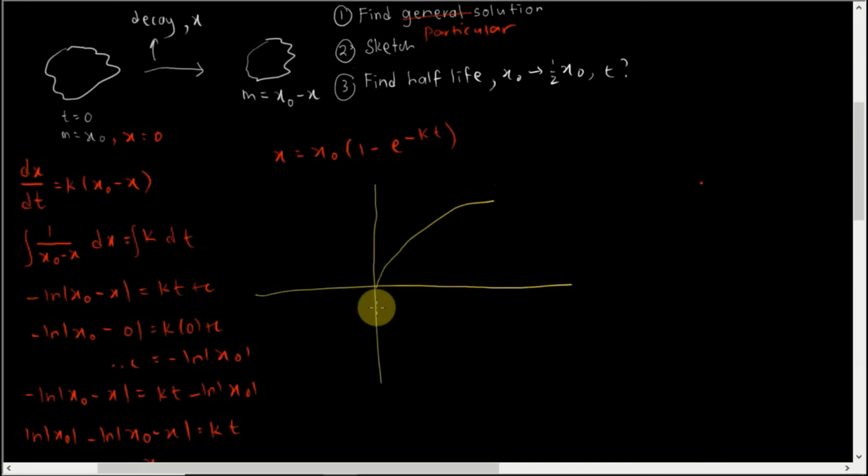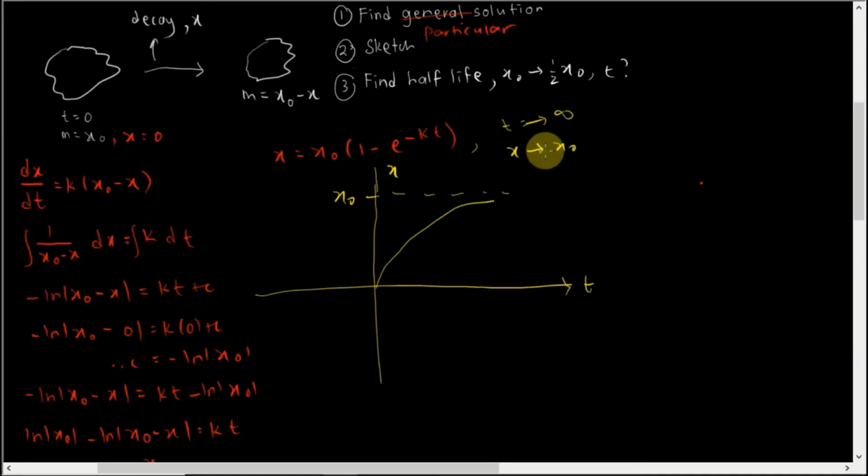And also actually there's no negative side because this represents t and time cannot be negative. So this side does not exist. And then for this part, if we take t goes to infinity, x will go to x naught, which means the asymptote here is x naught.